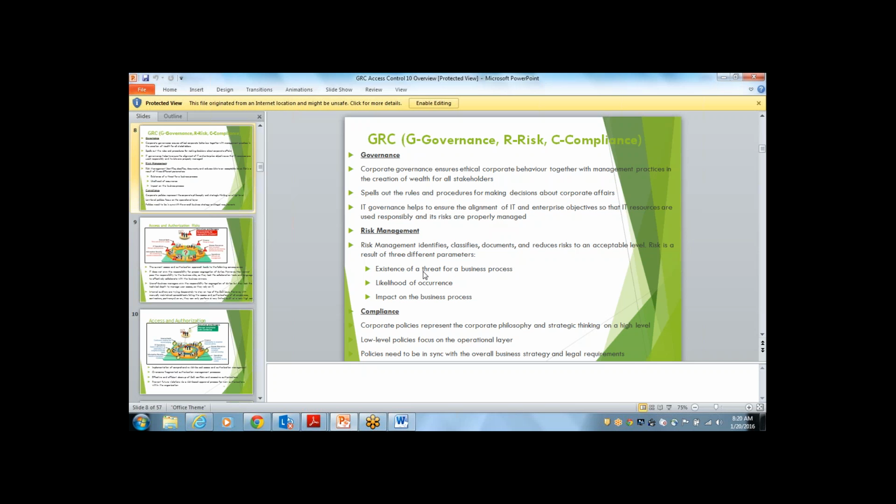So mostly the existence of a threat for a business process, the likelihood of occurrence and the impact on the business process is called risk. So when can you say the company is at risk from our SAP point of view? If users are having unwanted, unauthorized, additional authorizations in an SAP system, it is always a risk.